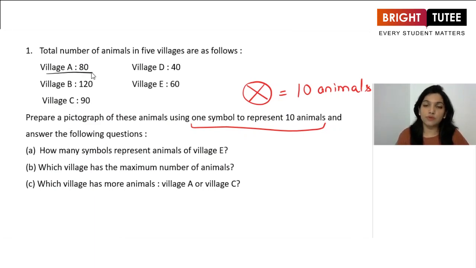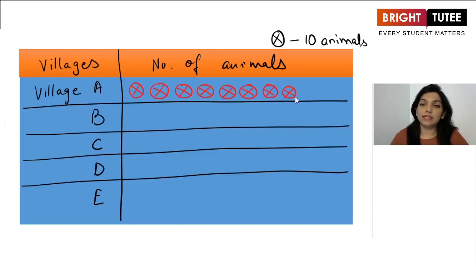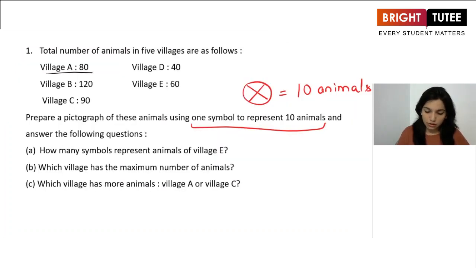So let us first represent for A, that is 80. So if one symbol represents 10, how many such symbols do you think you need? You need 8 such symbols. So 1, 2, 3, 4, 5, 6, 7, 8. So 8 such symbols represent 80 animals in village A. Moving to the village B, there are 120 animals.